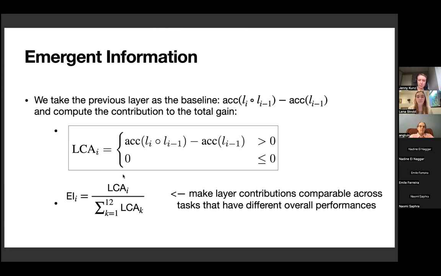And we take the relative information gain in order to be able to compare the results across tasks, even if they have strong differences in the accuracy.